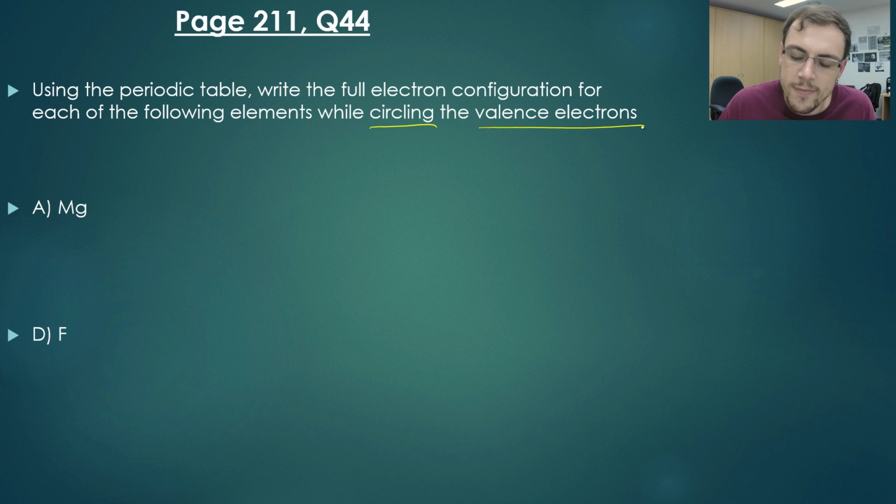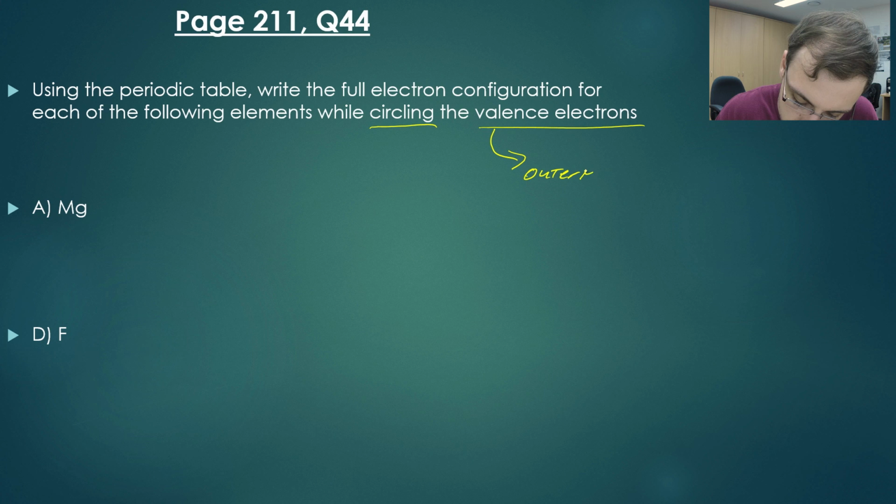So straight away, the first thing that should come into your head is that valence electrons are electrons in the outermost layer, and consist of the s and p sublevels only.